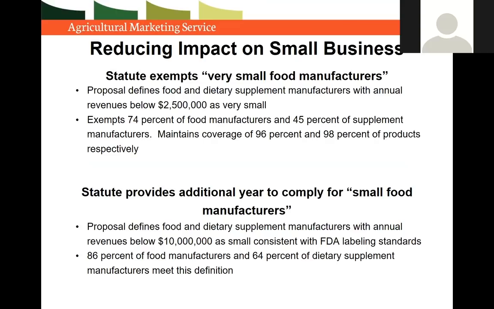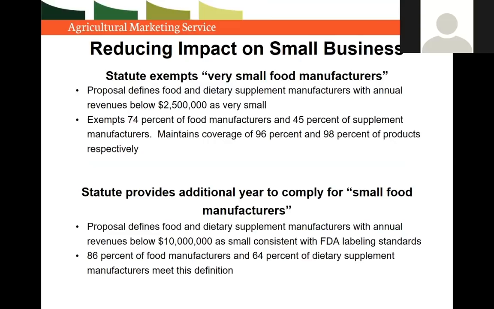Under this exemption, 74% of food manufacturers and 45% of dietary supplement manufacturers would be exempt from the rule. Like most industries, however, production is concentrated among the firms at the larger end of the sector, so 96% of food products would still be covered even with 74% of the firms exempt. 98% of dietary supplement products would be covered.